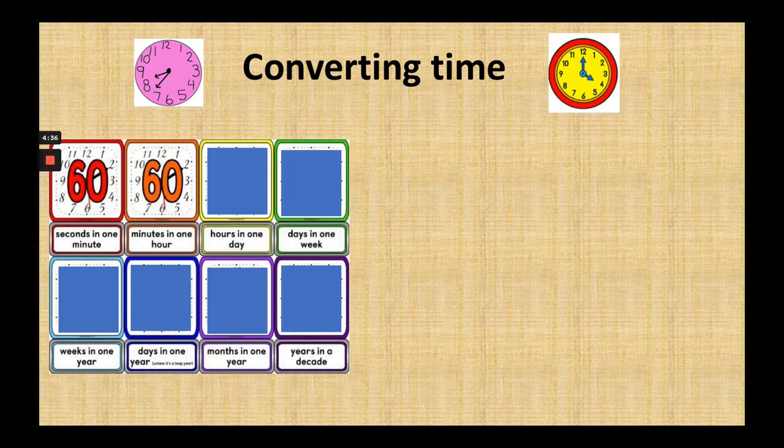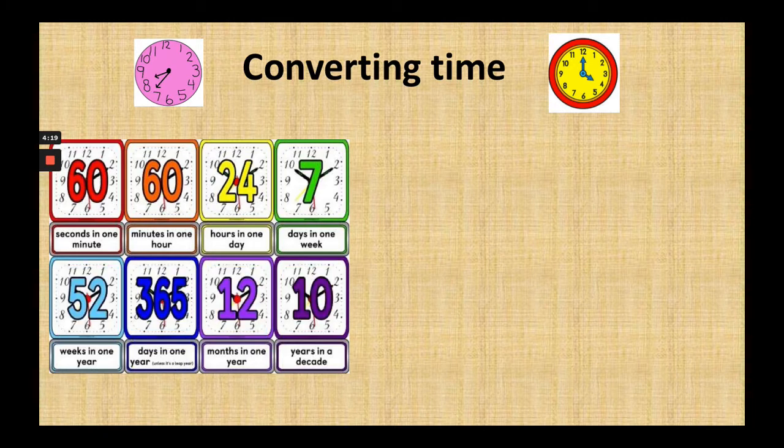How many hours are there in 1 day? 1 whole day. 24 hours, brilliant. And can you remember how many days are there in 1 week? Good job, 7 days in 1 week. And then there's 52 weeks in 1 year, 365 days in a year, 12 months in the year, we counted them, didn't we? And 10 years in a decade.